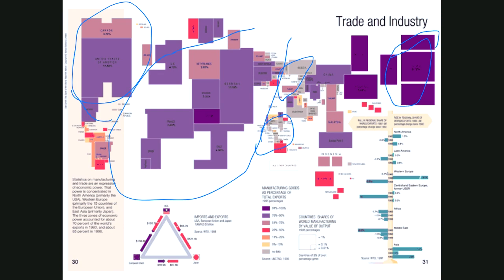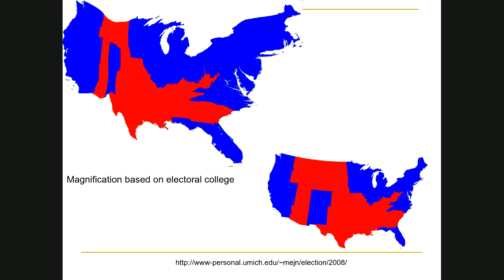That distorts it. The next one actually distorts the image, but it shows more accurately. If you look at an electoral map and you see who won what state, normally they color red the entire state. But not all states are equal in terms of electoral college.